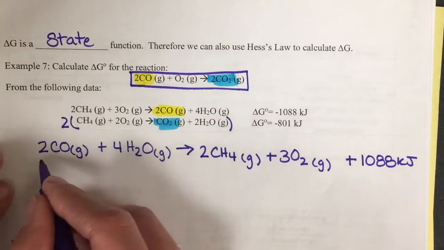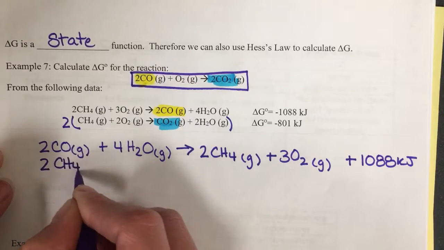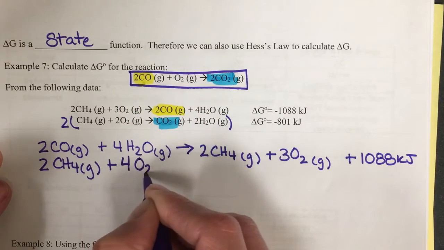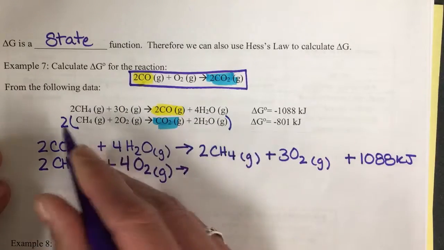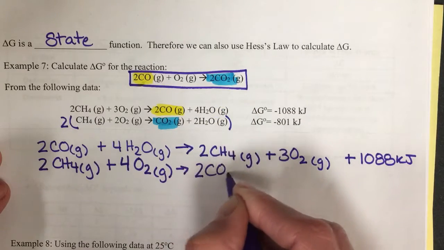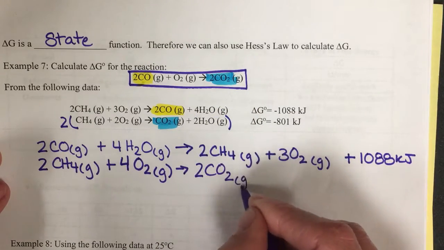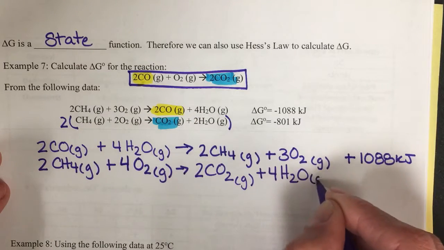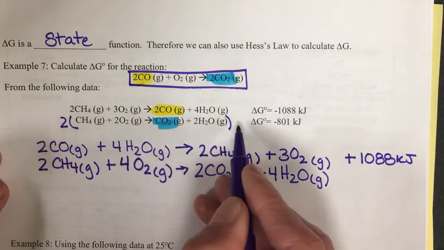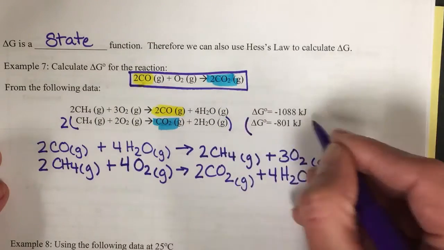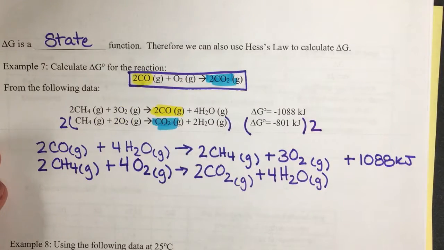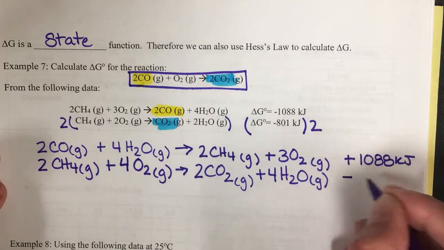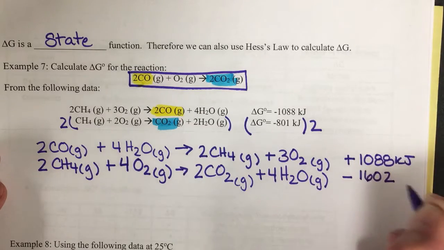So now I'm going to have 2 CH4s, I'm going to have 4 O2s, I'm going to have 2 CO2s, and I'm going to have 4 H2Os. Because I've multiplied all of this by 2, I need to multiply all of that by 2. When I multiply all of this by 2, I get negative 1602.